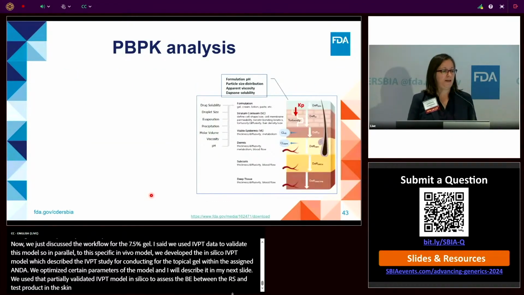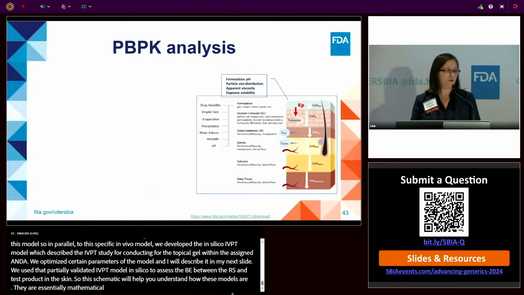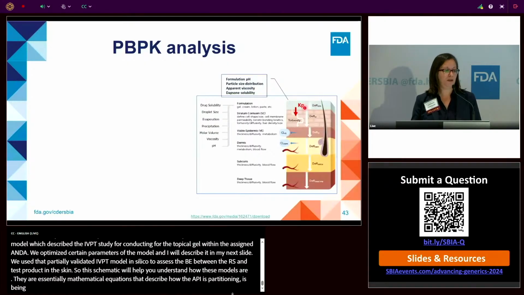So this is a schematic that will help you understand how these models are built. They're essentially mathematical equations that describe how the API is partitioning, is being released from the formulation, which is the gray compartment here, into the stratum corneum and the rest of the skin layers.